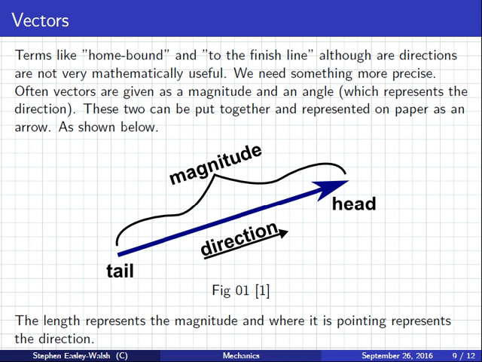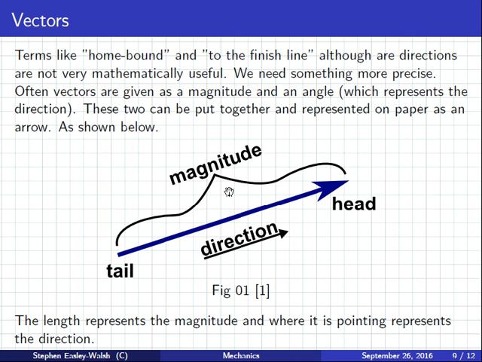Now, what do you think? Do vectors have units? What do we think? Yes, they do, because if it's displacement, what's the unit? Meters. If it's velocity, what's the unit? Meters per second. So the magnitude of the vector has a unit.